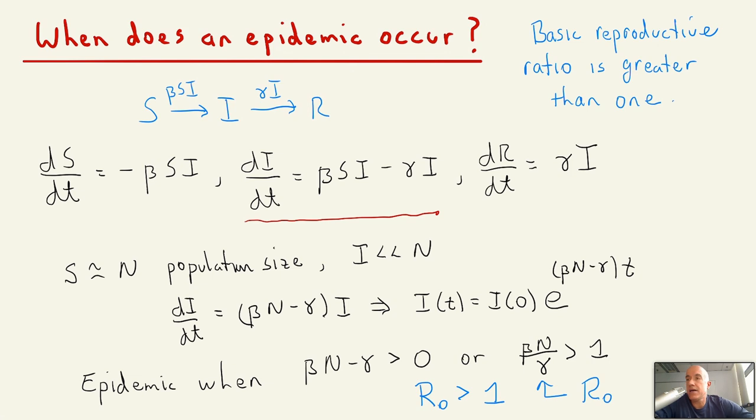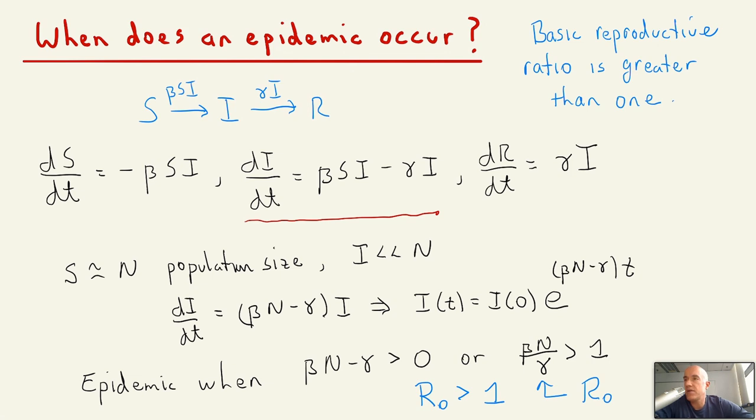Beta is the parameter that says how easy it is for an infected person to give a susceptible the disease. The easier it is to catch the disease, the higher the chance of the basic reproductive ratio being larger than 1. And gamma tells you the parameter of how quickly an infective person is removed, either isolated or recovers from the disease.